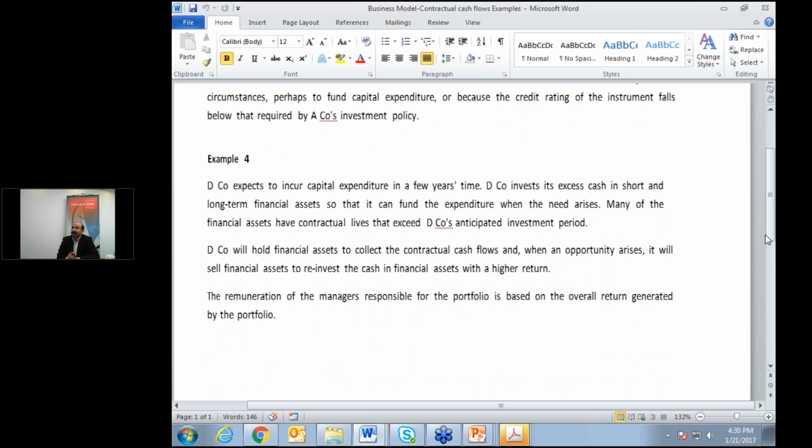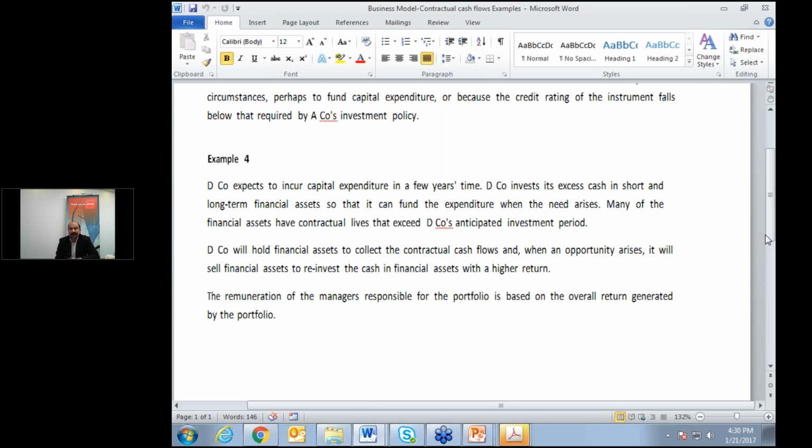D company expects to incur capital expenditure in a few years' time. D company invests its excess cash in short and long-term financial assets so that it can fund the expenditure when the need arises.